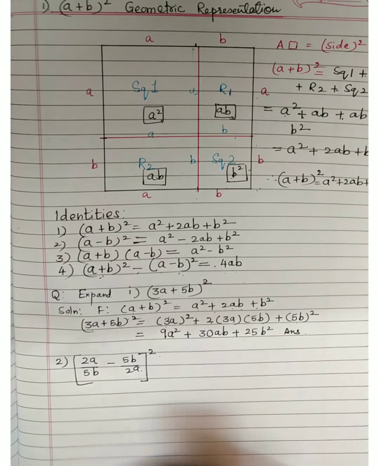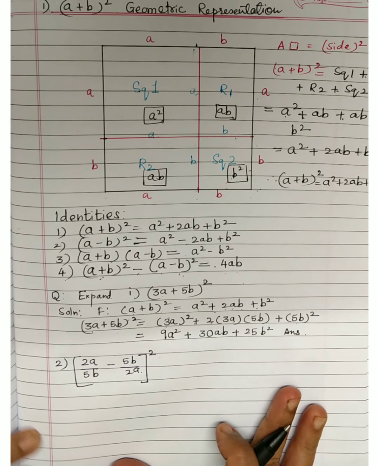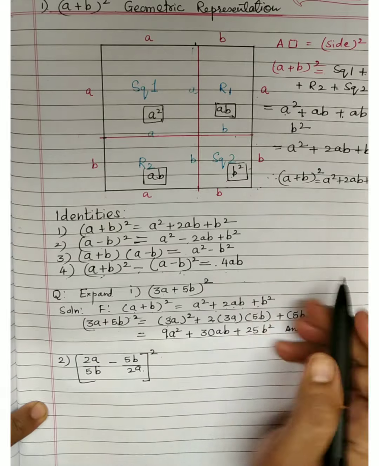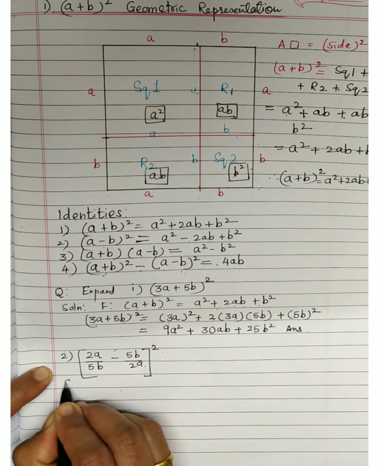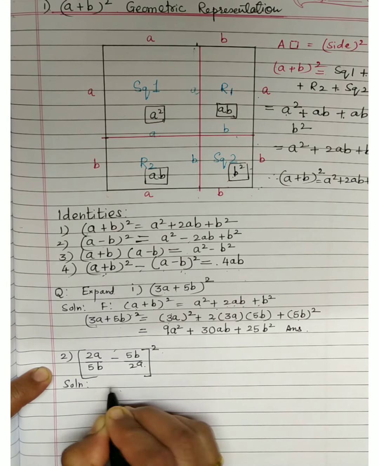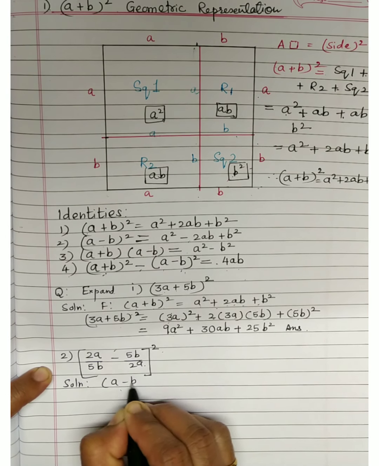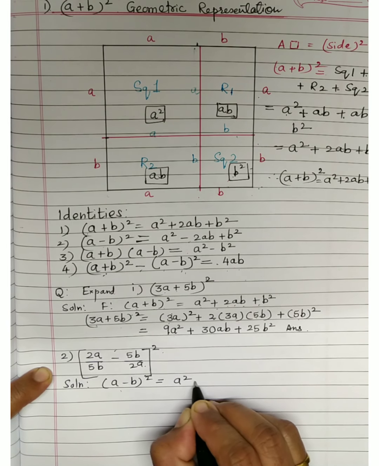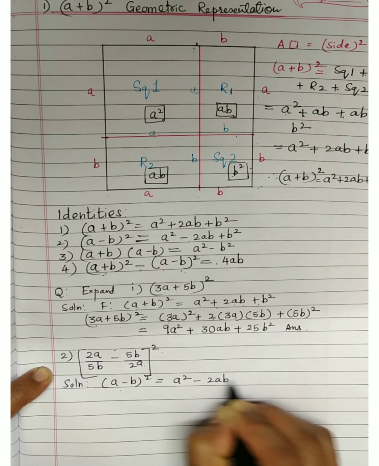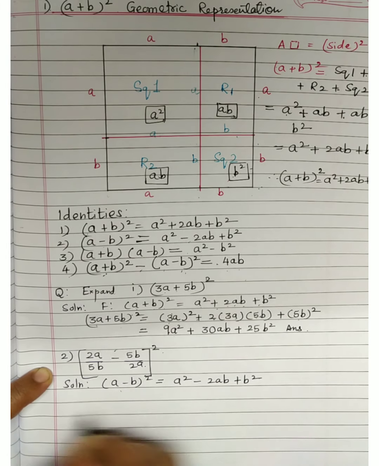Learn only this formula, do not remember any other formula, because at the end how many formulae are you going to remember. Now you can derive them anytime. Anyways, here what is the formula you think is applicable? Difference of two terms square. So (a - b) the whole square, that is what? Yes, you should know it.